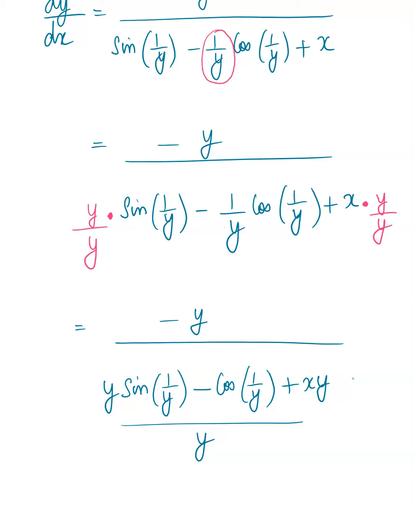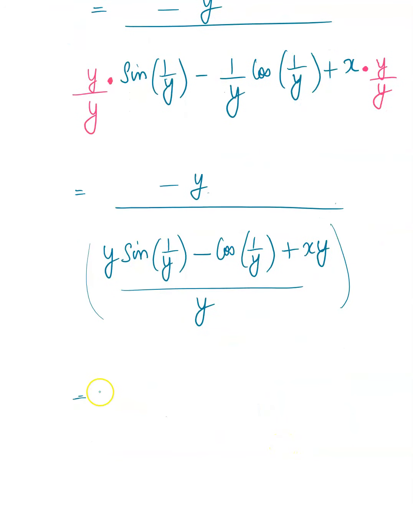And then by complex fractions, you write the numerator as it is times the flip of the denominator. This whole thing is the denominator, so you have to flip it, or take the reciprocal of this. So that becomes negative y times, flip it, so it's going to be y over y sine 1 over y.